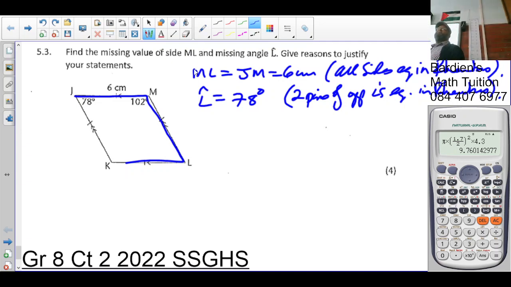What's wrong? I got it wrong, sir. But you wrote the right thing. Yes. No problem. Circle the question in pencil. Or you can say 102 plus angle L is equal to 180, co-interior, with JM being parallel to the other side. And then you get L to be 78 degrees there.